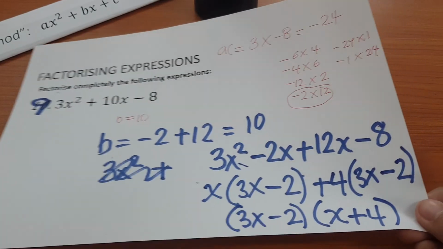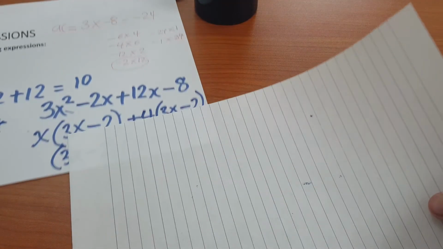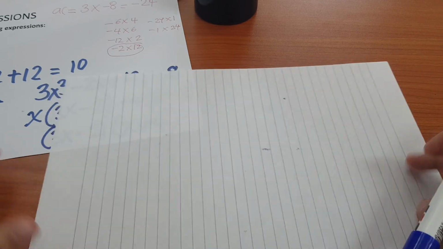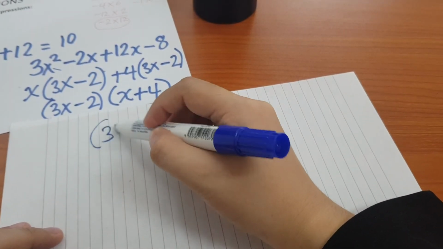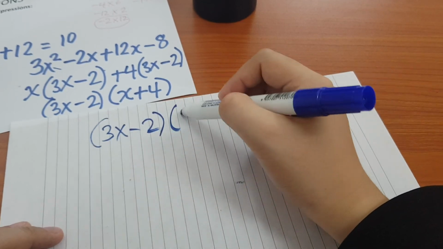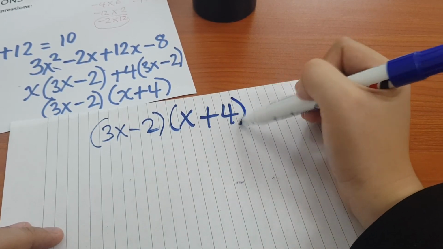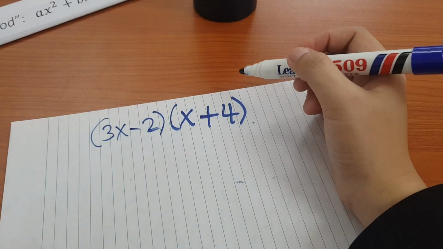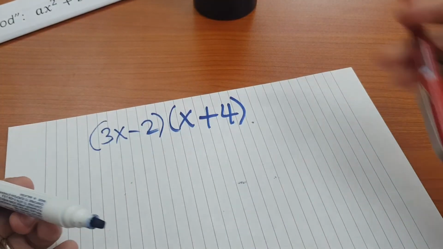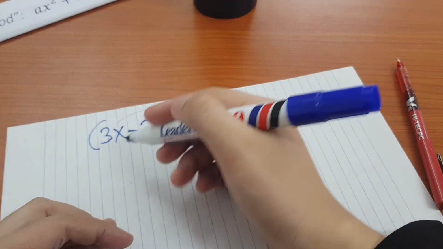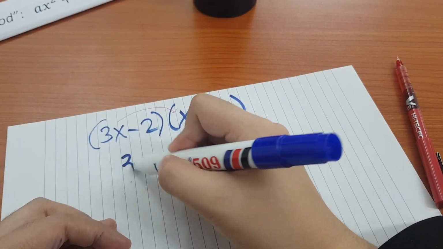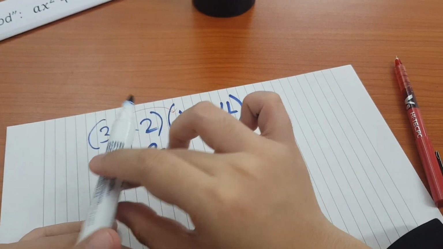So we will expand the bracket. You have 3x minus 2, x plus 4. Let's multiply this first. 3x times x will be 3x squared.